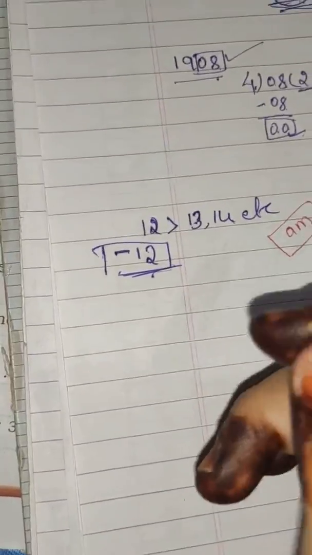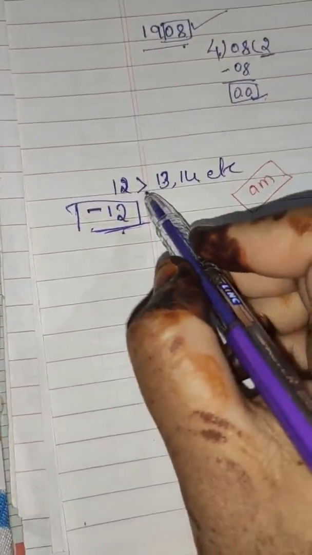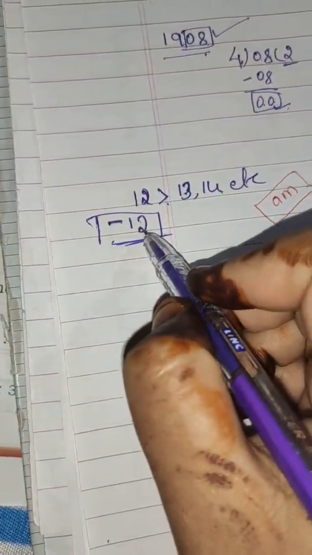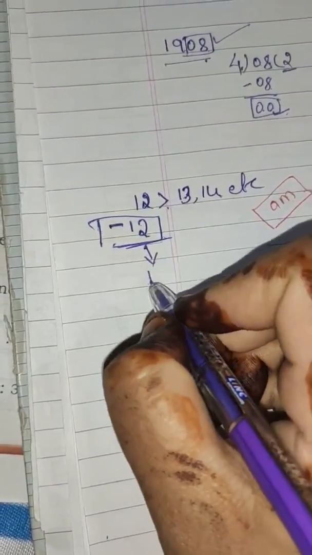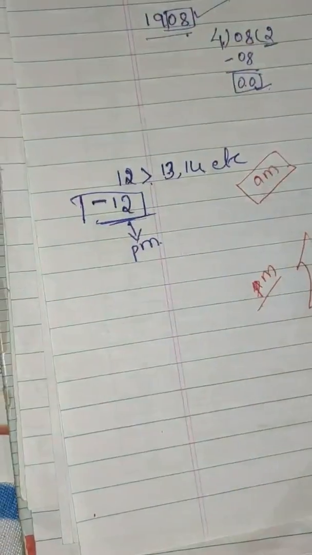So children, just listen here. If the time is more than 12 o'clock, you have to subtract it from 12. Then you have to write the time as PM, post meridian. It's not AM.